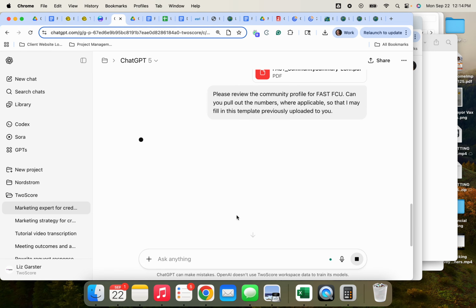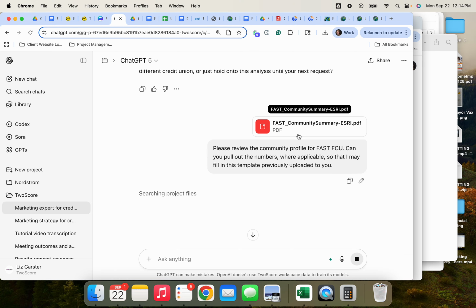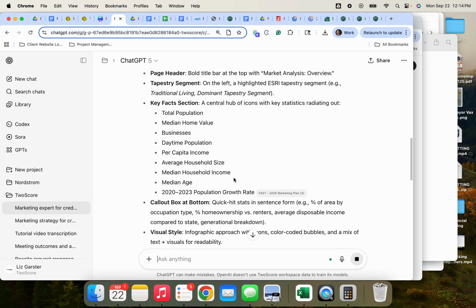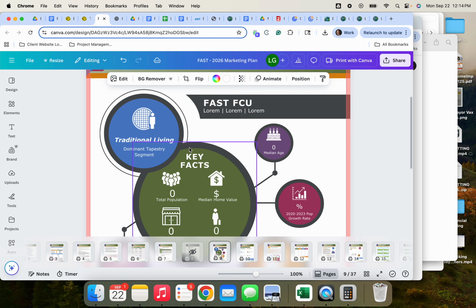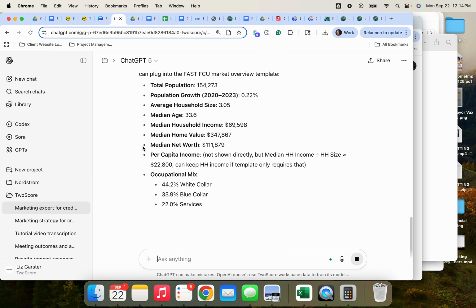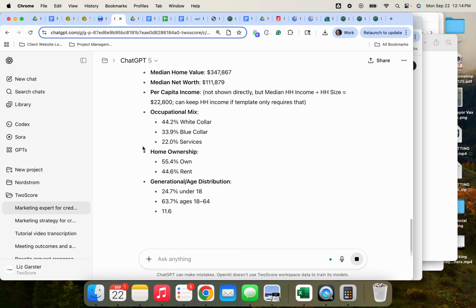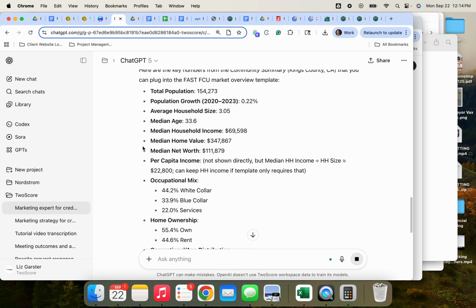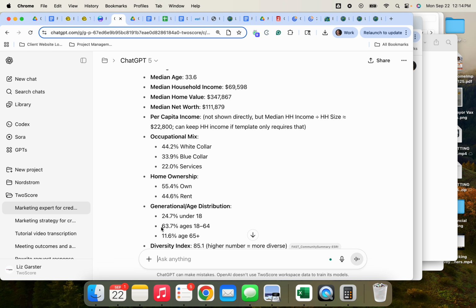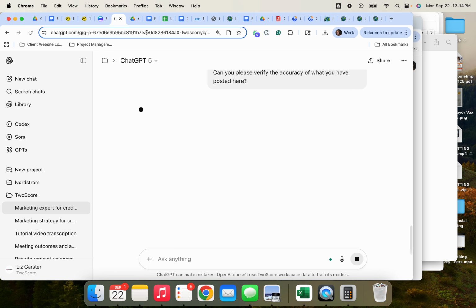It's going to look at the fast numbers and give me the numbers that I need that I can put into this graphic here. Okay, so I'm going to say, just to double check, can you please verify the accuracy of what you have posted here? Because we like to know that.